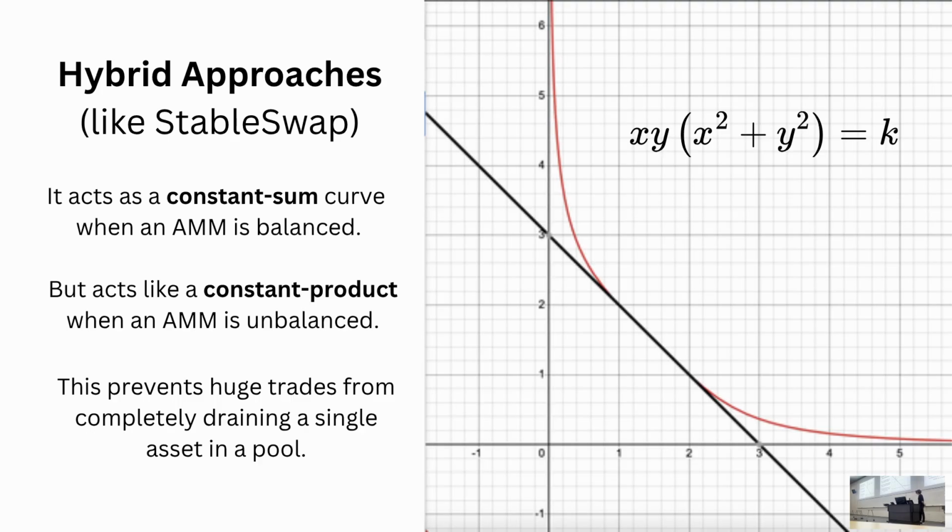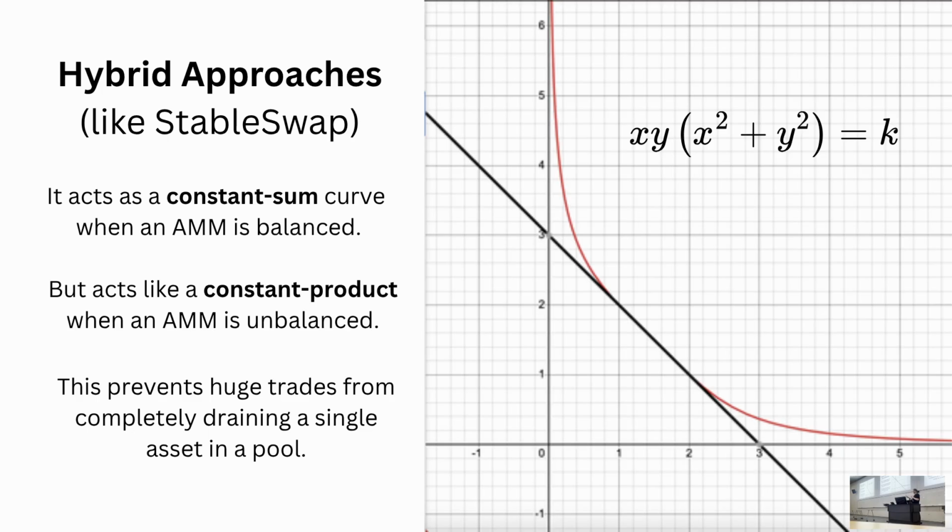So hybrid approaches like stable swap, which is the curve deployed by Curve as a company. It's a curve that acts close to how a constant sum curve acts when assets are roughly in balance to one another. So when the supply of one asset is, let's say, 20, and the supply of the other asset is, let's say, 21, roughly speaking, the curve is going to act as the constant sum.